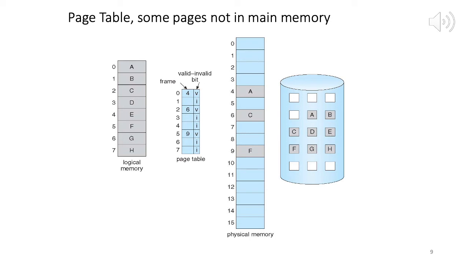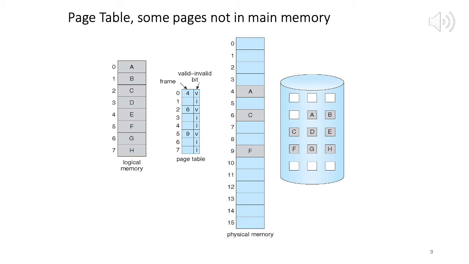So all of them have a number starting with A, so 0 for A, 1 for B, 2 for C, 3 for D and so on, and finally 7 for H. So that is our logical memory for this particular process. Okay. So like this, each process will have its logical or virtual address space.